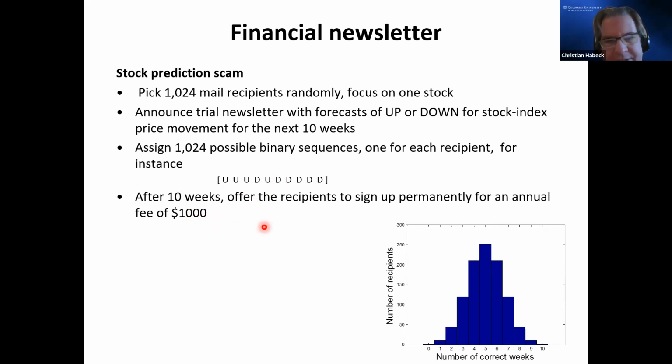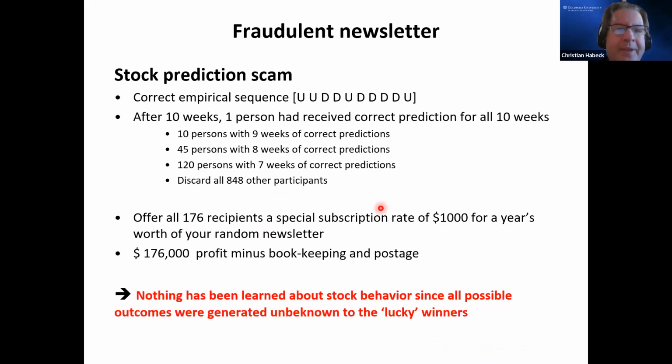And this is kind of a Nassim Taleb-like demonstration. If you plot the number of correct weeks here, right? That's a nice Bernoulli, a nice binomial distribution, right?